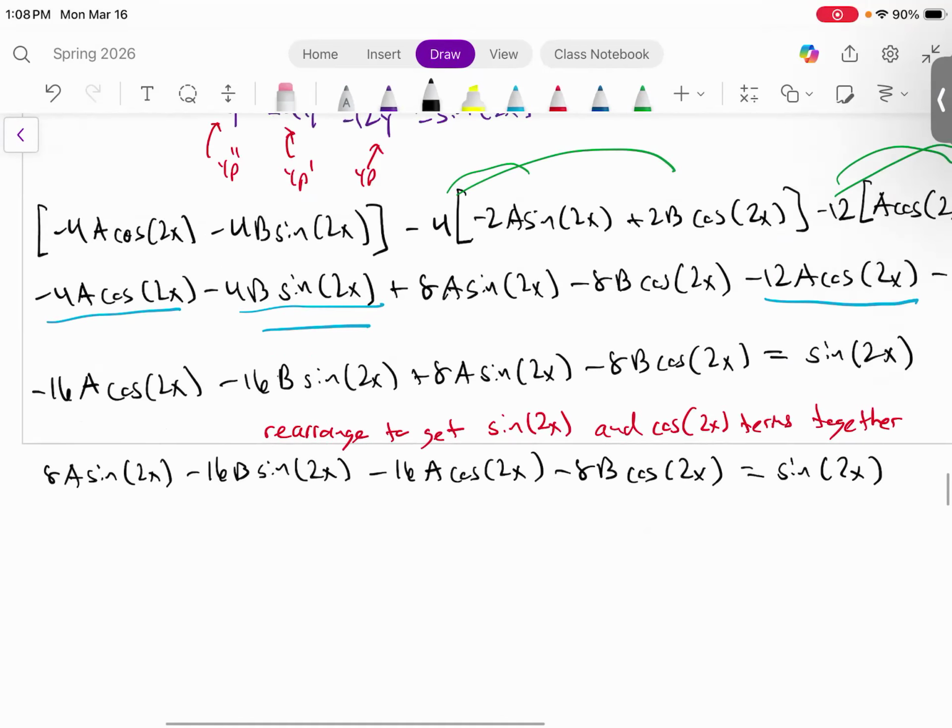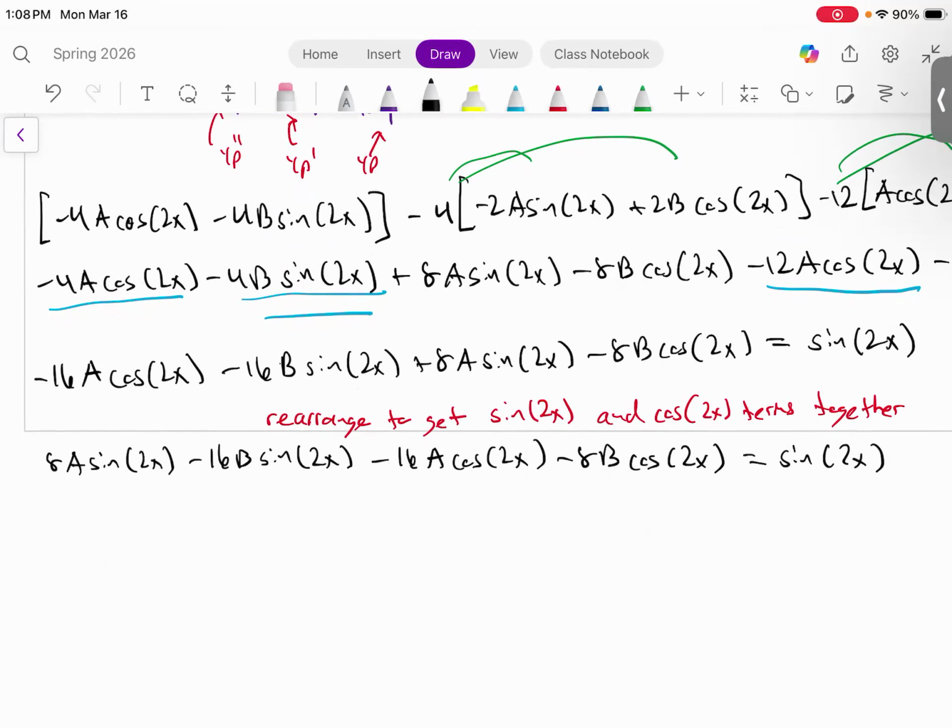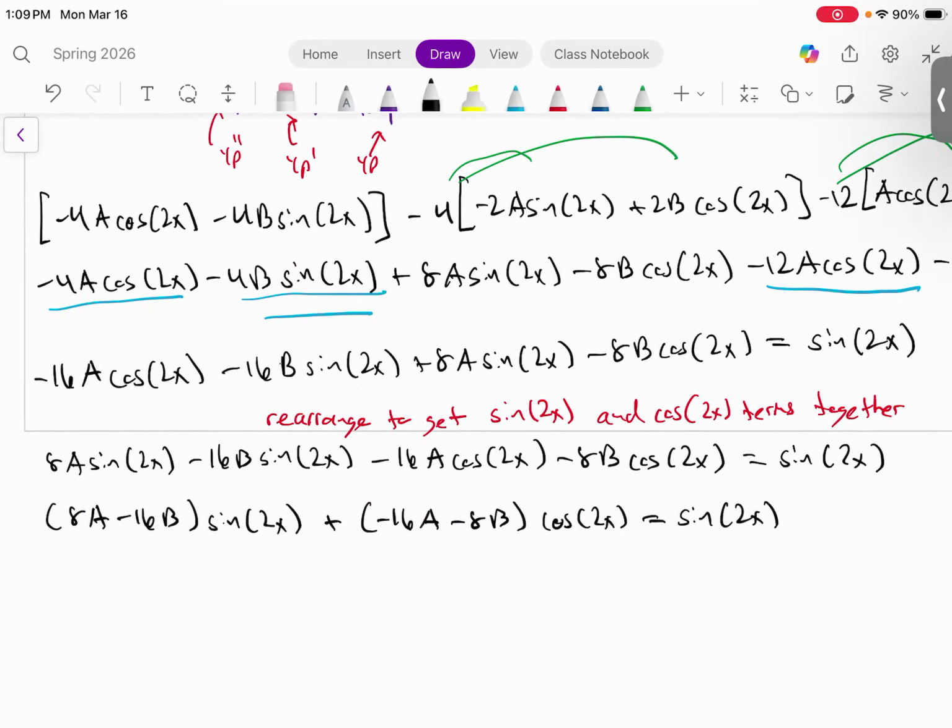So what this would look like is 8a minus 16b times sine of 2x plus negative 16a minus 8b times cosine of 2x. And it all equals sine of 2x.